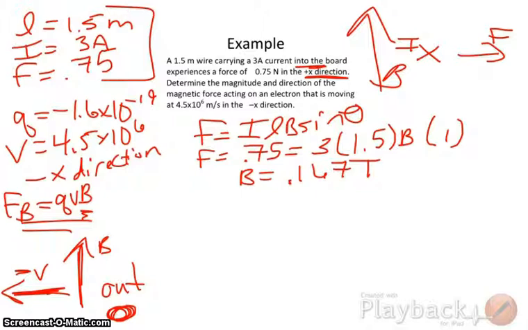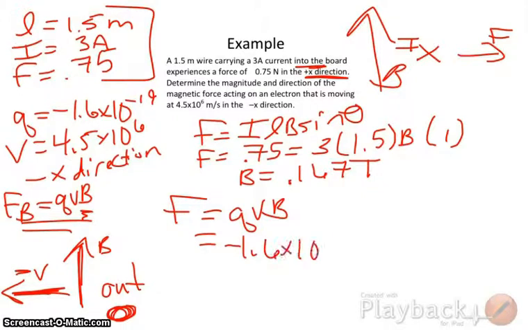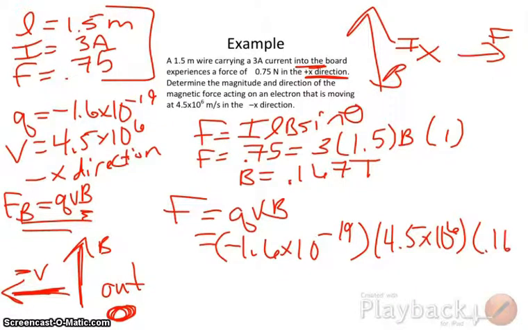Now to find the magnitude, that's the direction. Magnitude equals QVB sine theta, which is 1. So that equals negative 1.6 times 10 to the negative 19th times 4.5 times 10 to the 6th times 0.167.